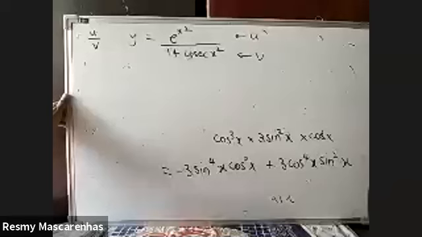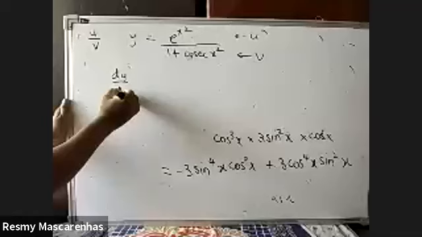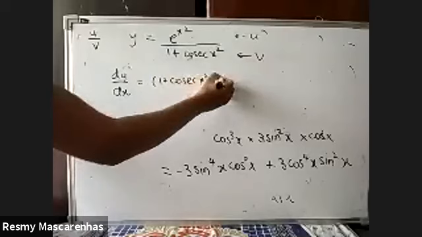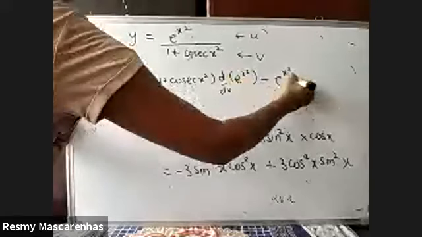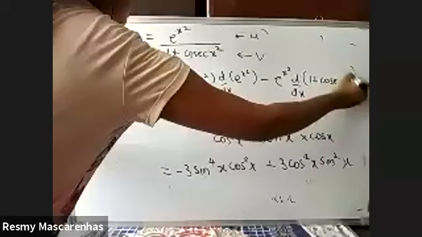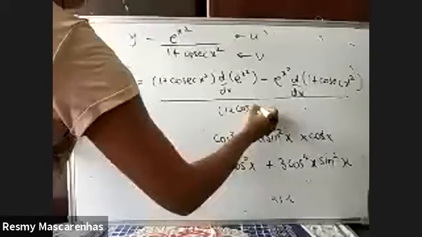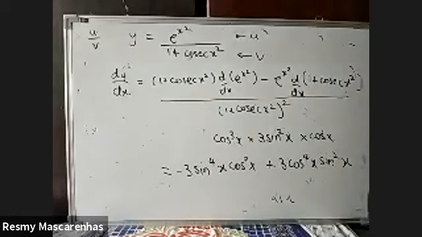So as per the formula, dy by dx will be what? The u upon v formula is v into derivative of u minus u into derivative of v, upon v square. This is the formula which we had done last class. v into derivative of u minus u into derivative of v upon v square.